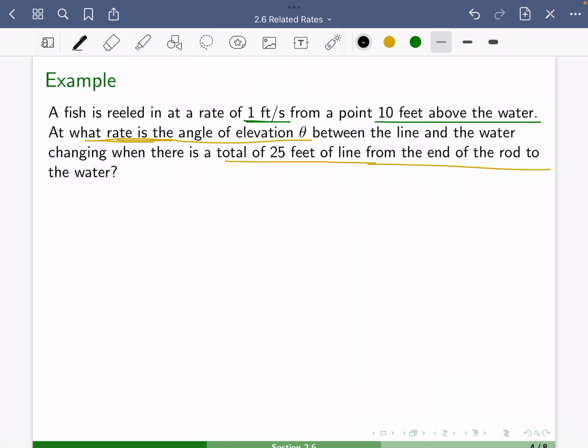All right, so we have a fish is reeled in at a rate of 1 foot per second from a point 10 feet above water. Right, so we have this person. This person has their fishing pole.